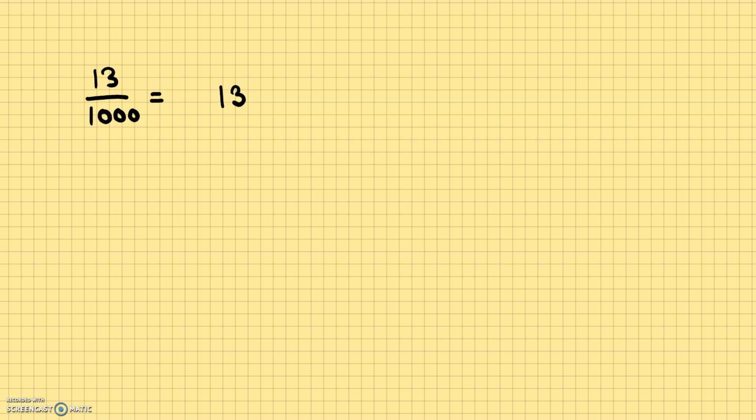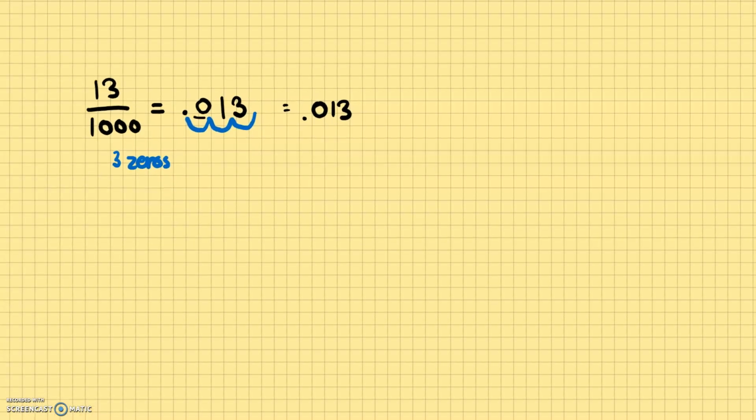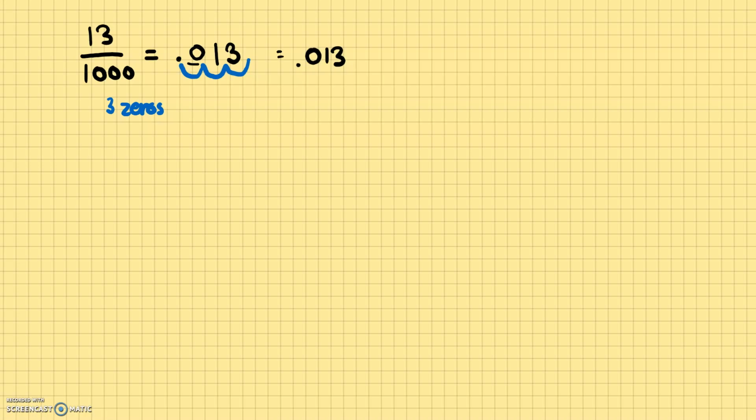And this time we have 3 zeros. So we're going 3 places. 1, 2, 3. Put a decimal point here, and then we have a blank space here, so put a 0 there. So that is going to be 0.013.